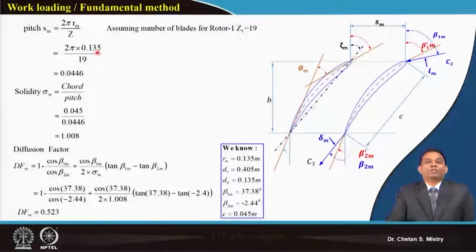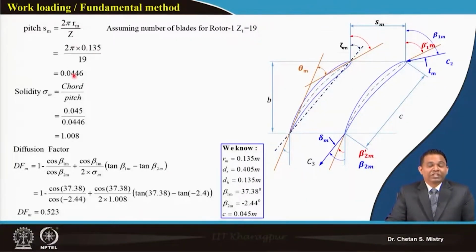For rotor 1, I am assuming here the number of blades to be 19. You know better. We are doing our pen paper calculation at this moment. Later on, based on this calculation, we will be making our Excel sheet program, and in that Excel sheet program you can play with this number. For the sake of brevity, we will be taking the same number of blades, 19.